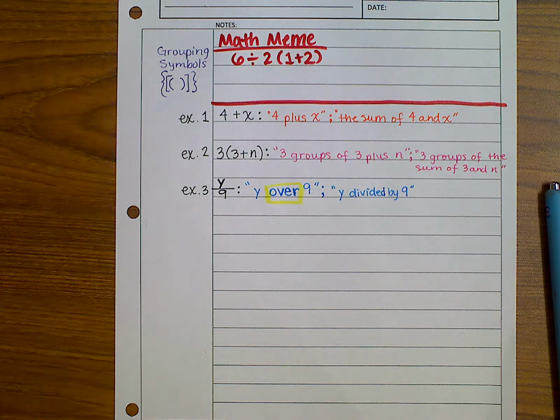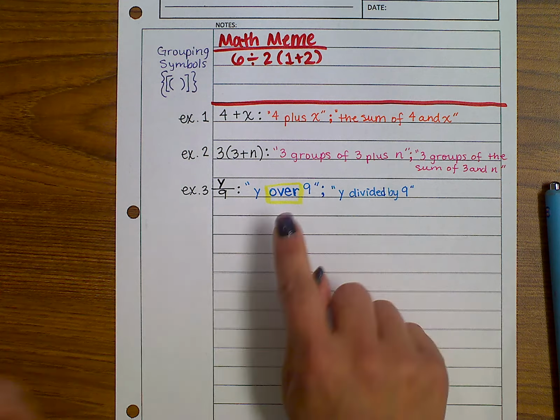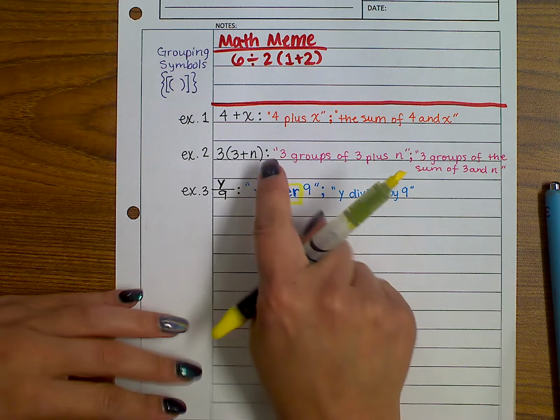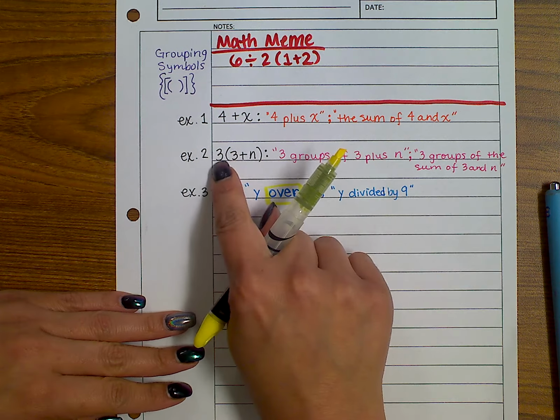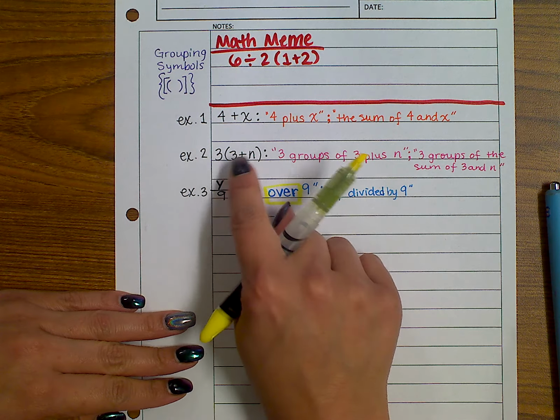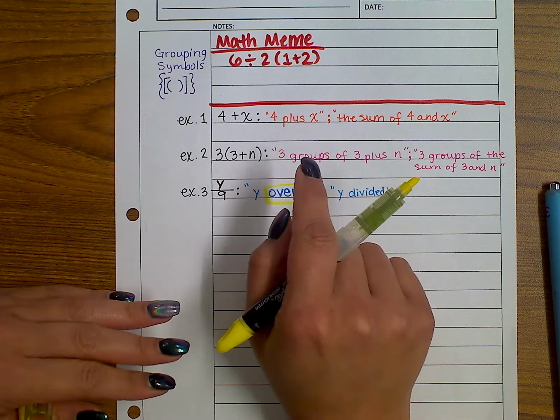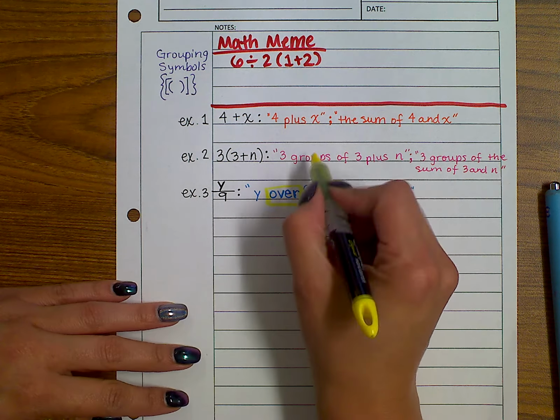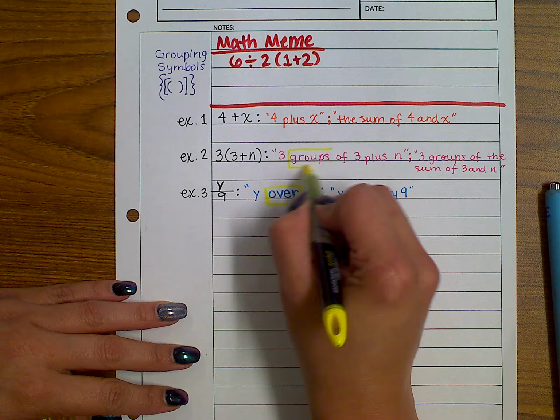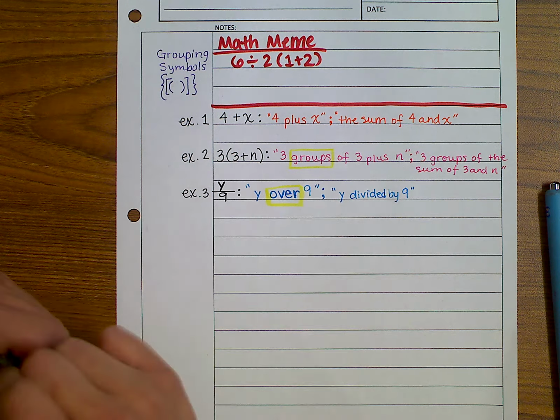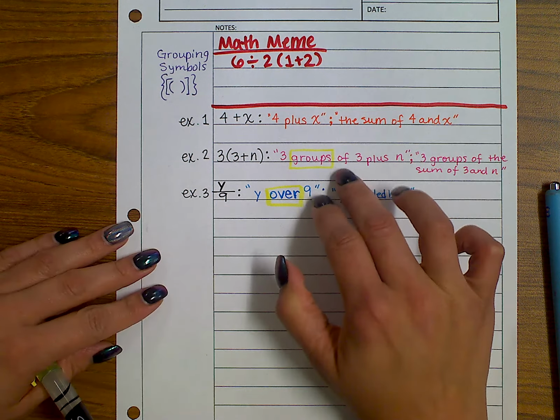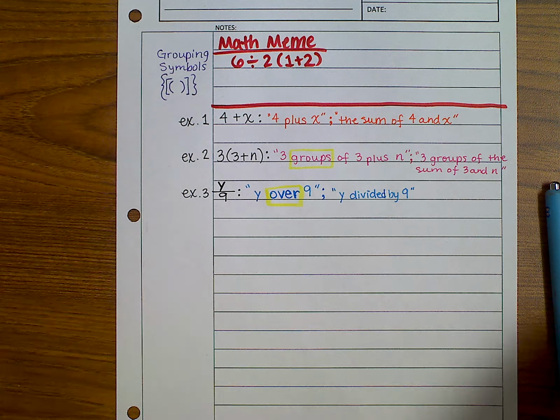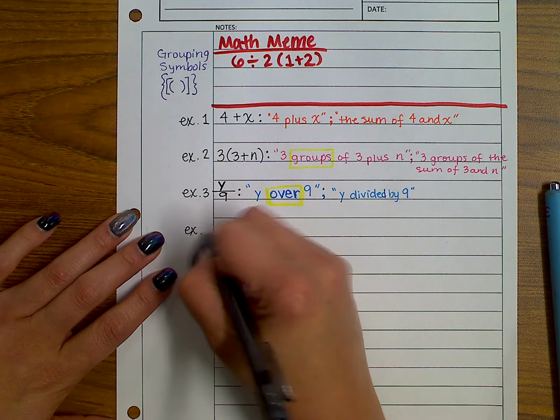Both are correct, although, especially for your assignment, use the preposition over. Just like, yes, technically you can say 3 times and then 3 plus n. But to be even more specific, we are grouping that 3 and n. So make sure that you use these. These are going to be very important for you to use. Let's move on to example 4.